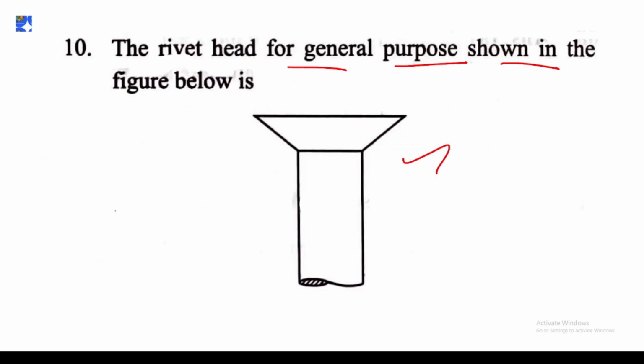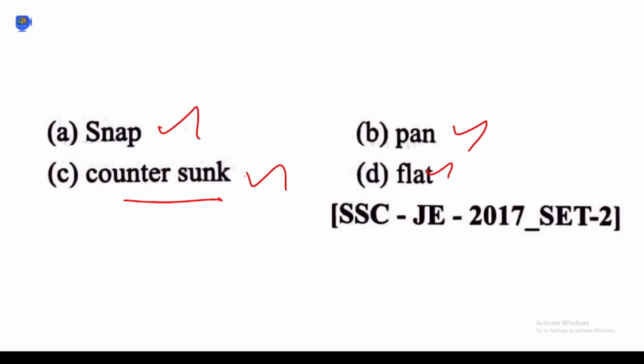Basically you can see that this portion has been reduced from the original of this much. So I can say that this rivet belongs to the countersunk head. It is sinking, right? It is reducing. So I can say that option C would be the correct answer. So let's move on to the next question.